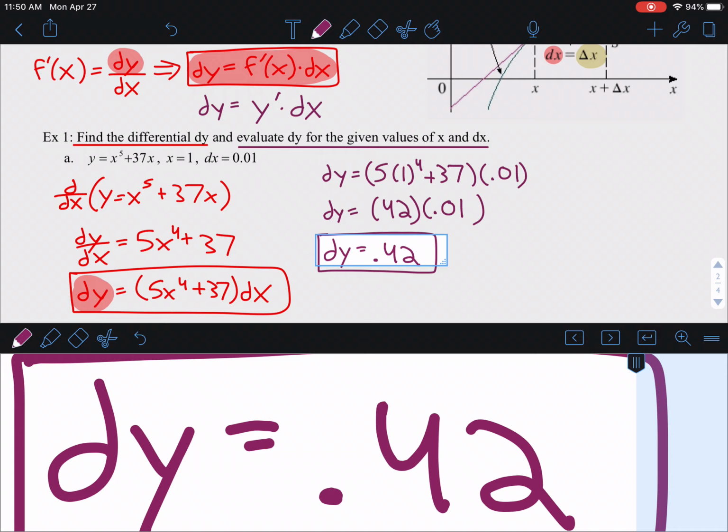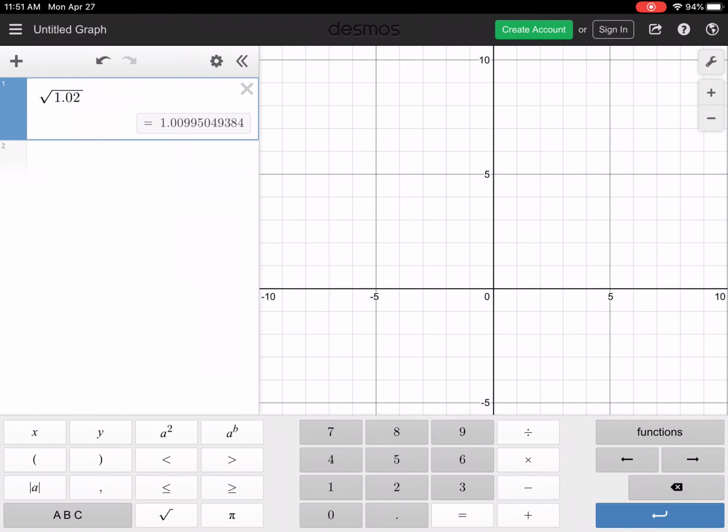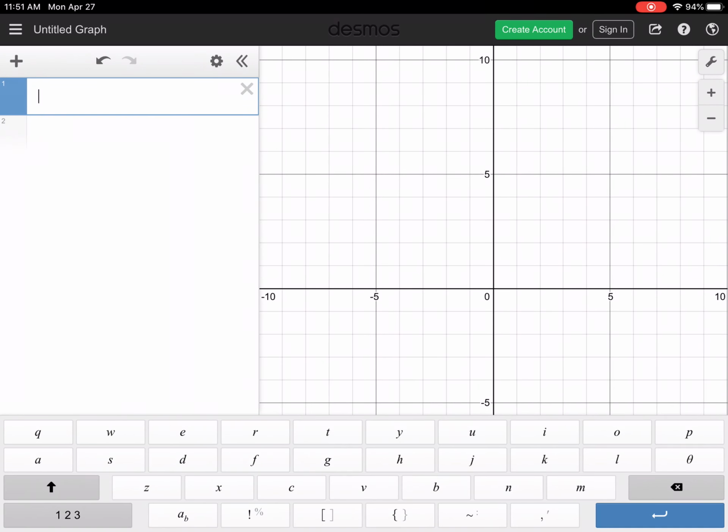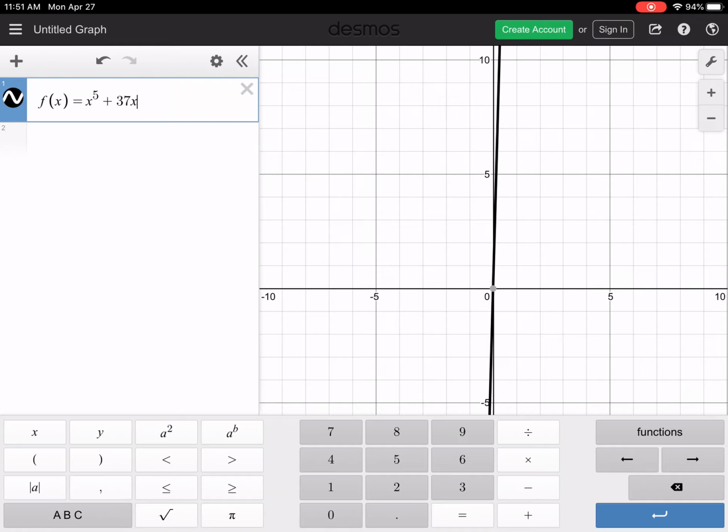Now, I want to show you, is this a good approximation? So let's go ahead and calculate the actual delta y, and see how good of an approximation we did. I'm going to go back to my old friend Desmos here, and I'm going to type in our function f of x equals x to the fifth plus 37x.